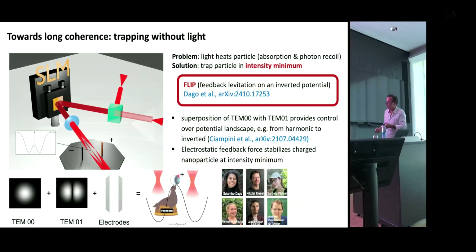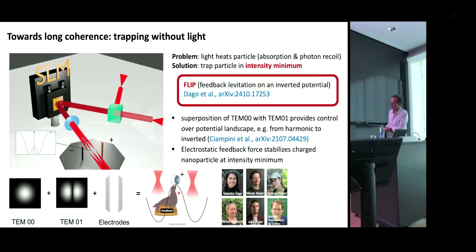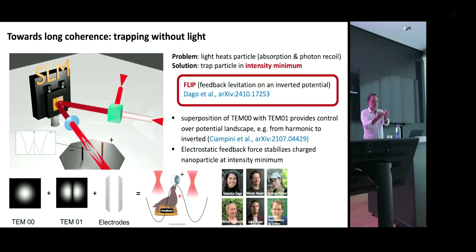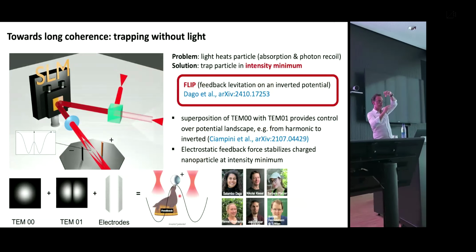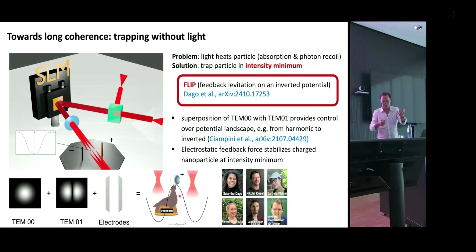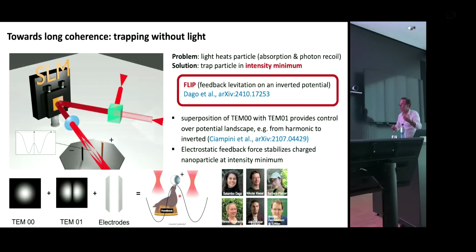So the idea is essentially we want to trap the particle on the top of an inverted potential. So instead of having it confined in a harmonic potential, use an inverted potential and try to stabilize it on top. The particle is charged, so you can apply feedback. And the nice thing of an inverted potential from an optics perspective is, of course, it's an intensity minimum. So this is something that we are doing at the moment.